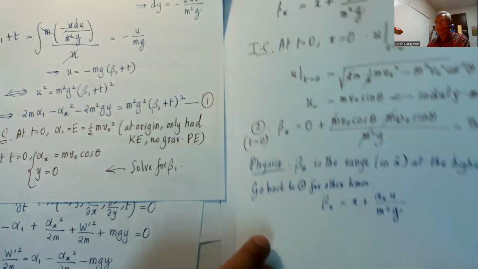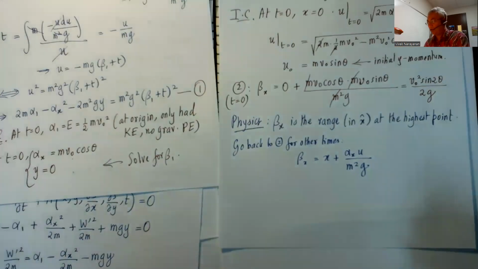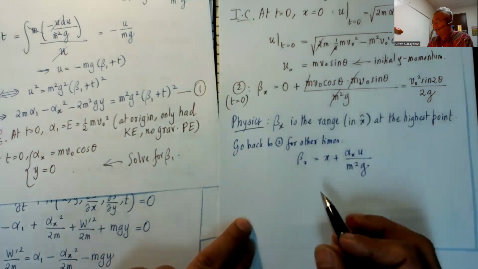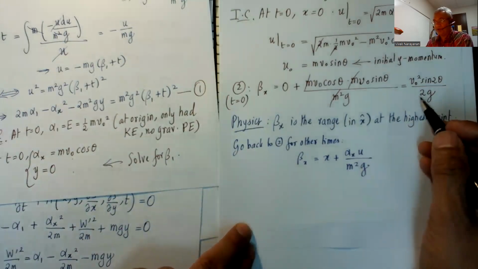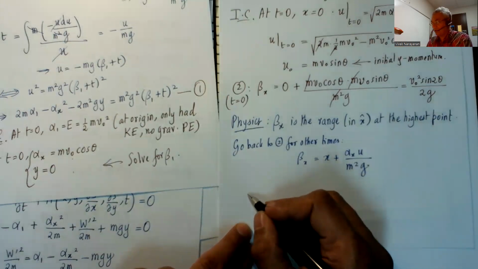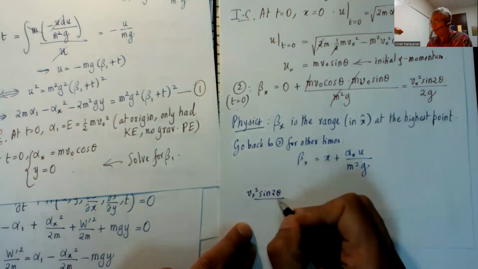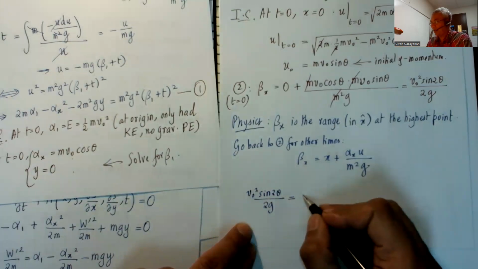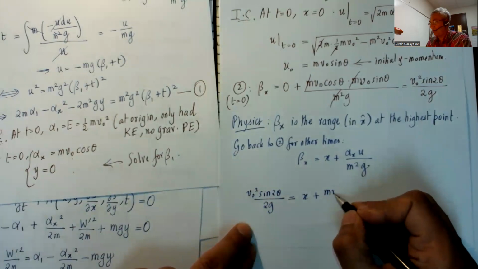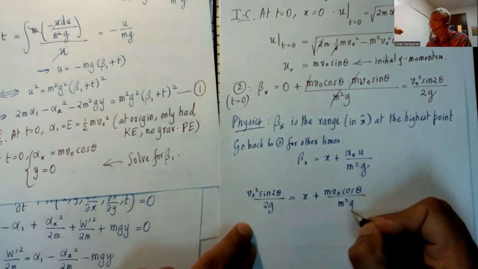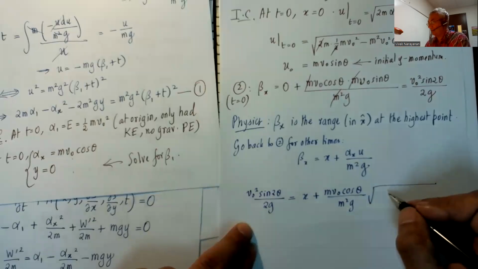Okay, now I'll substitute for beta x. Beta x is that. It's always that because beta is a constant of motion. So I'm going to get v naught squared sine 2 theta over 2g equals x plus m v naught cosine theta, which is alpha x, divided by m squared g times u, which is that square root thing.